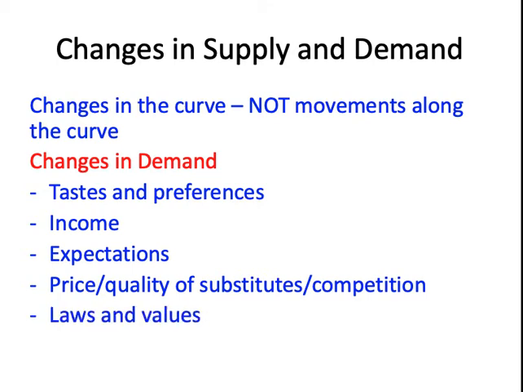Okay. Laws and values. If you think about things like cannabis, a year or 2 years ago now, cannabis was legalized, right? So I'm quite certain that once it became legal, consumption and demand increased for this product, right?